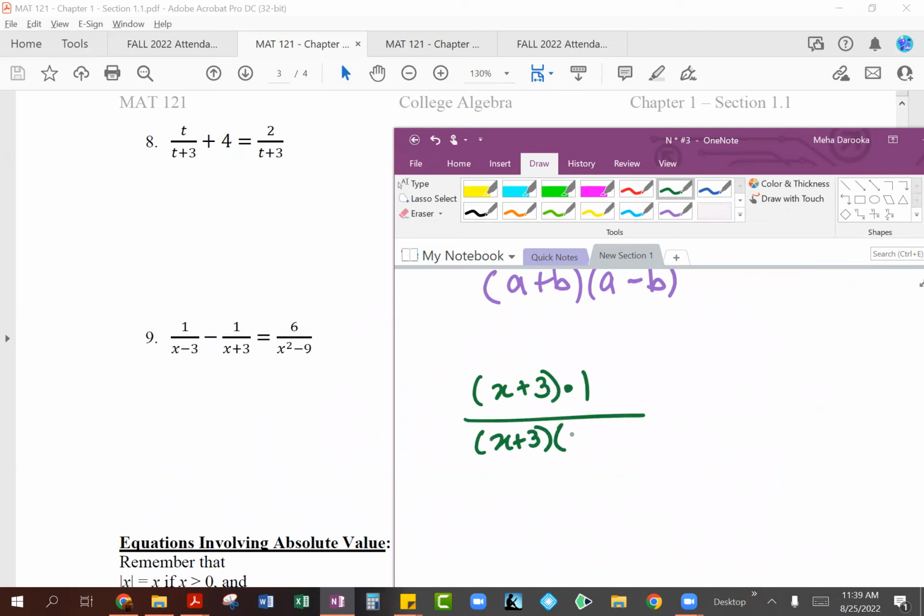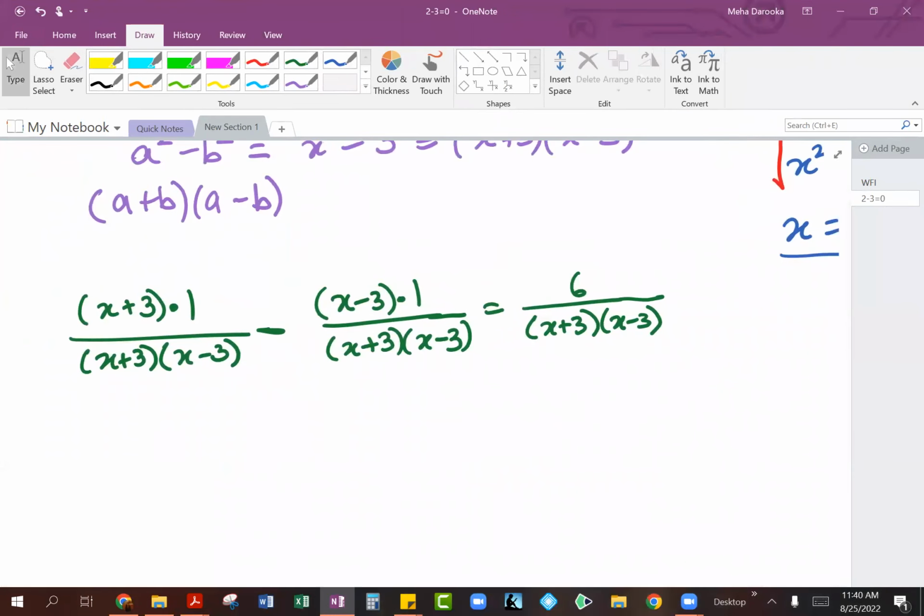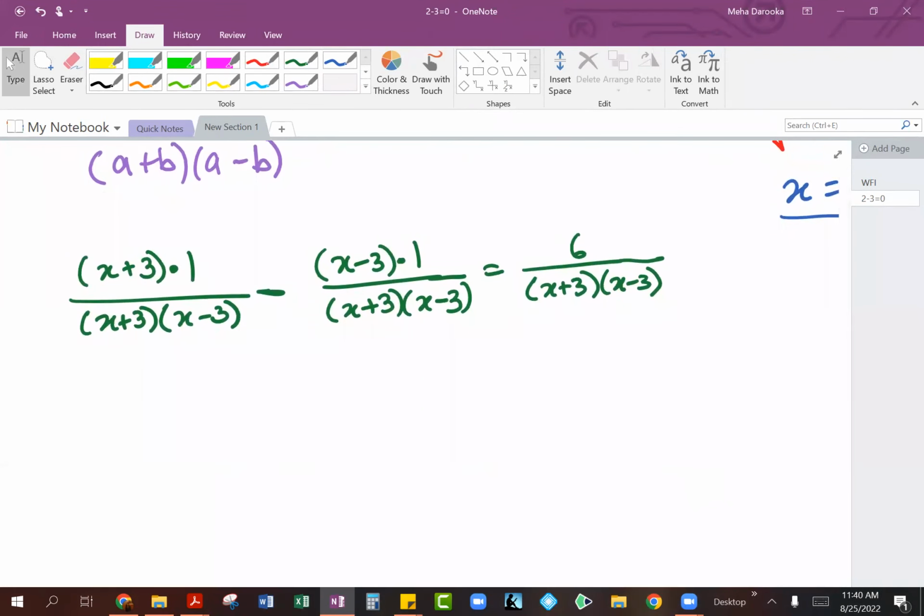So this is what your first fraction should come out looking like. We have a minus sign here, and then for the second fraction, we multiply that by x minus 3. And then on the other side of our equation, since you already had x squared minus 9, I'm just going to put that in the factored form. But you don't have to multiply anything since it already had the original equation denominator.